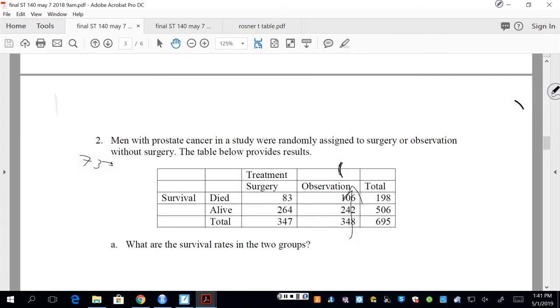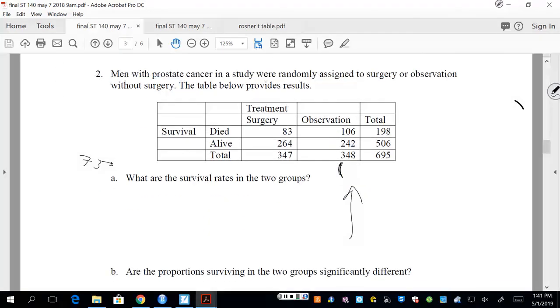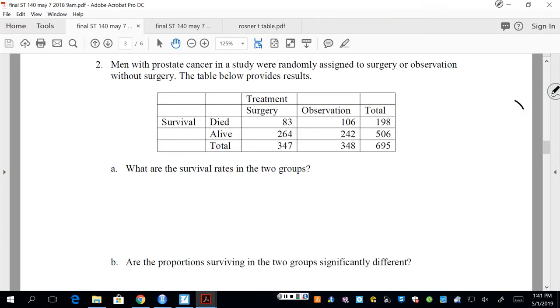Second problem, we had a table here, men with prostate cancer. The study participants were randomized to surgery or just observation without surgery. And the outcome is do they die or stay alive? What are the survival rates of the two groups? It's just a two-way table calculating rates based on the counts. So what's the survival rate in surgery?